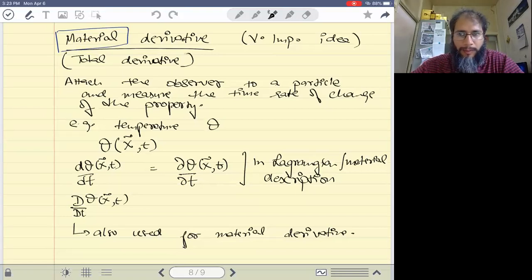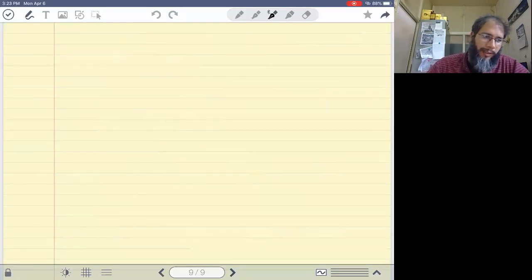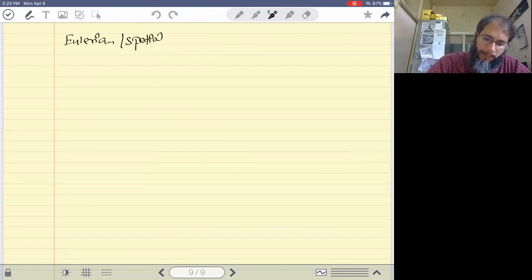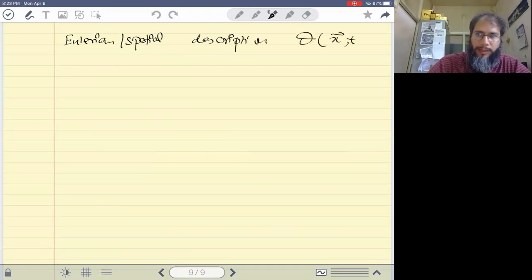Now, as I said, in many cases it's more intuitive to use the Eulerian coordinates. That is, theta is a function of small x and t.